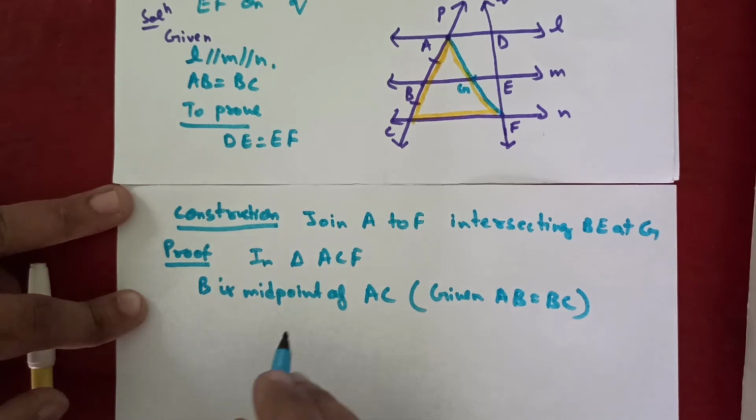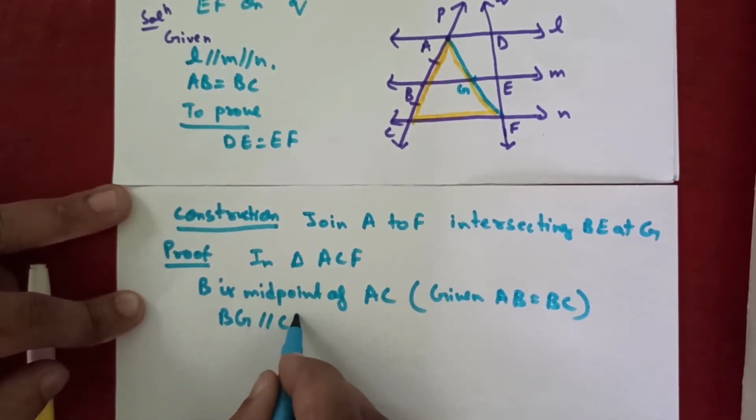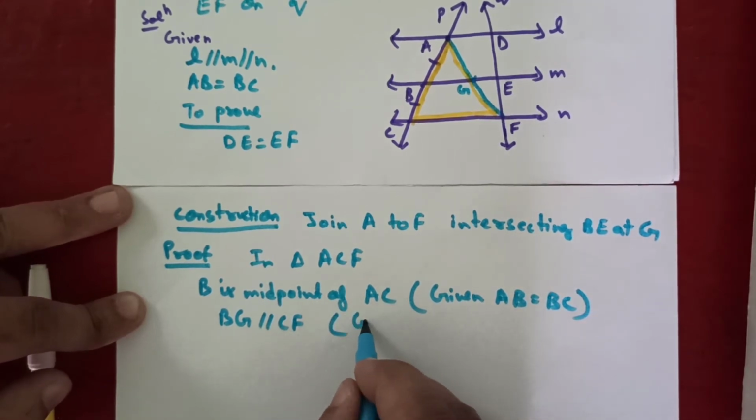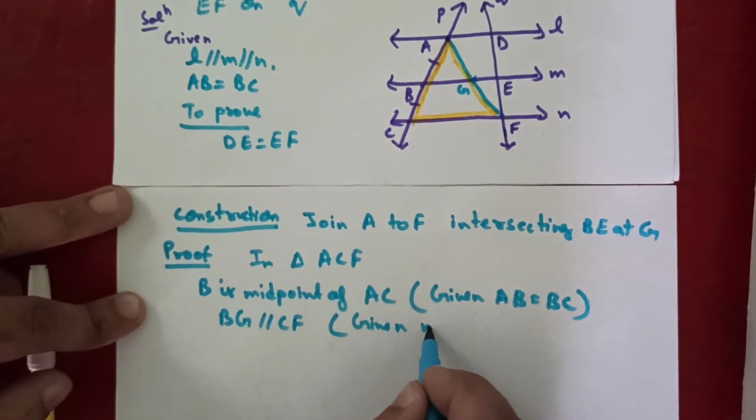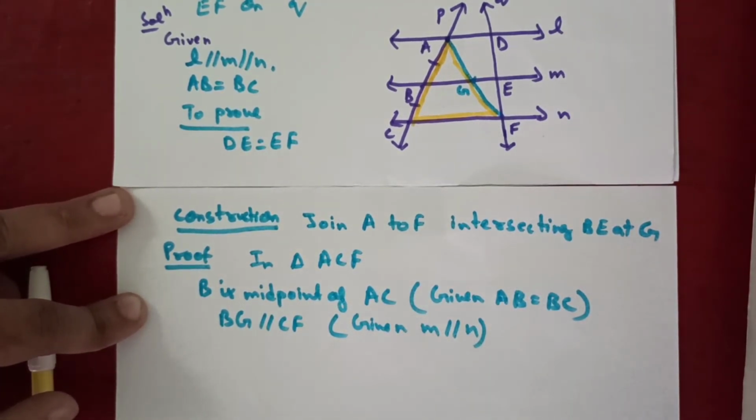And one more thing is given, that BG is parallel to CF, since it is given that lines M and N are parallel with each other. So BG is the part of line M and CF is the part of line N. If M and N are parallel, then BG will also be parallel to CF.